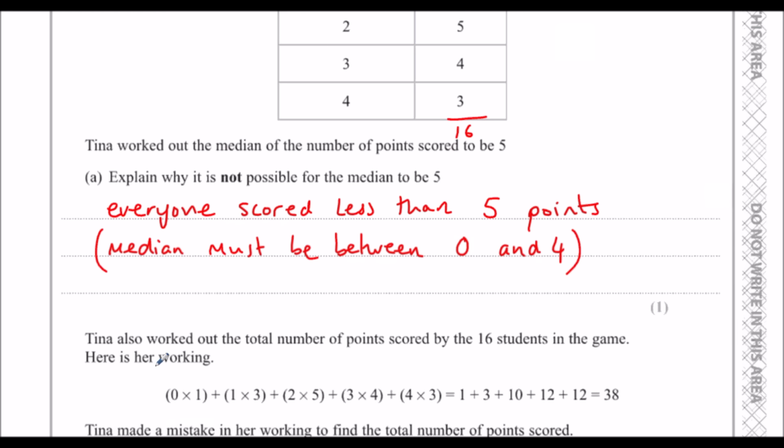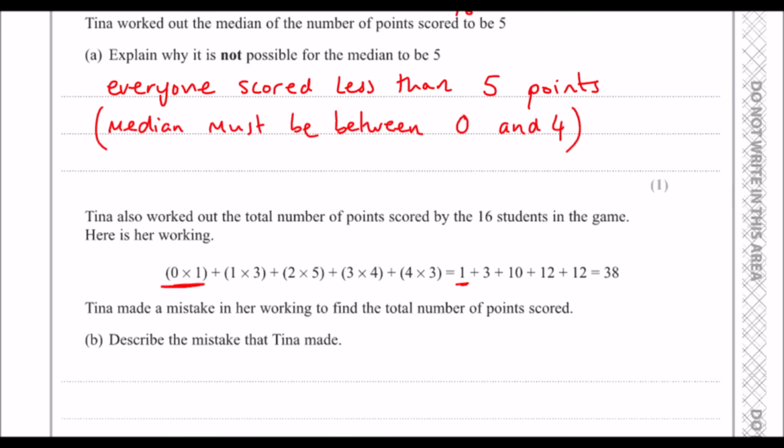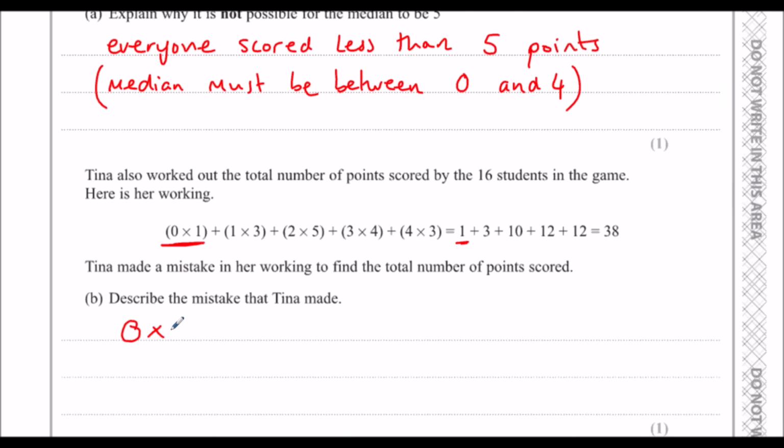That's correct. So the mistake must be in her multiplication. And, well, 0 times 1 is 0, not 1. So what is the mistake? 0 times 1 should be 0, not 1.